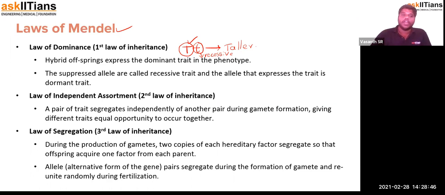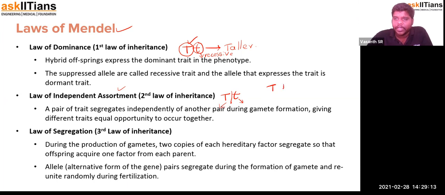The second law of inheritance is the law of independent assortment. Independent assortment is like this: a pair of traits segregates independently. Again we'll take the heterozygous part, capital T small t. During the process of gamete formation, the traits will be differentiated and form gametes.